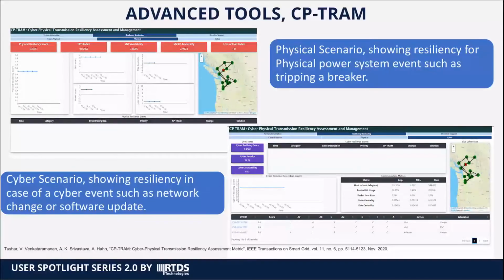So here there are two dashboards that we can see. One is for a physical event and one is for a cyber event. This tool incorporates different physical and cyber factors. For the physical factors, it incorporates generator availability, number of physical operations, matrix redundancy, and power system measurements. For cyber factors, it incorporates the cyber path length, network redundancy, network configurations, the exploitability through the Common Vulnerability Scoring System, the cyber vulnerability exposure databases, and network flows.